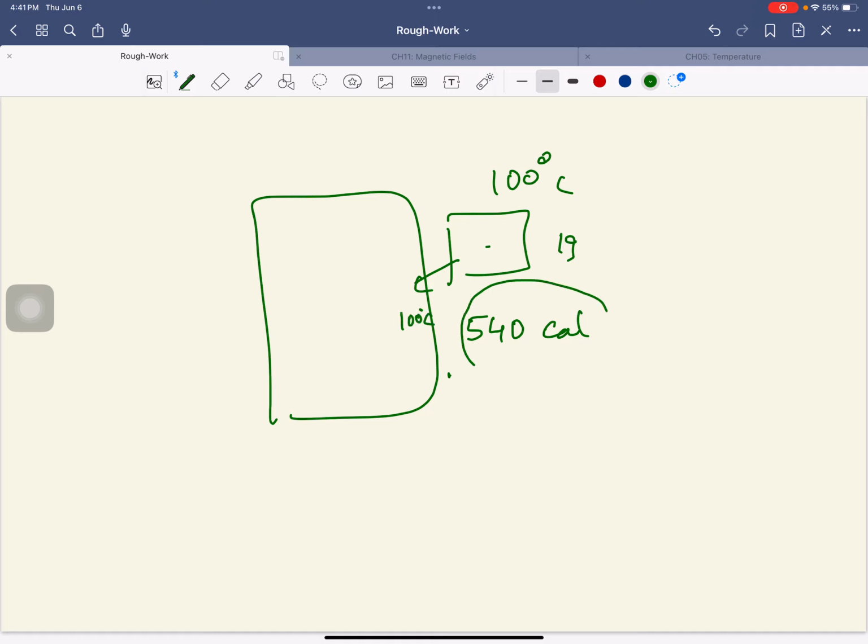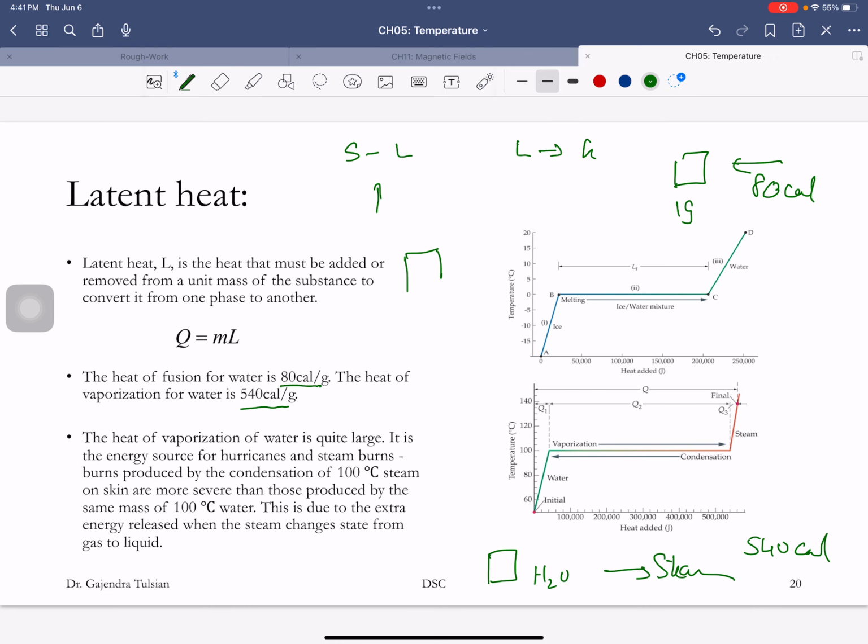So it has this extra energy per gram. That's why steam burns are very dangerous.